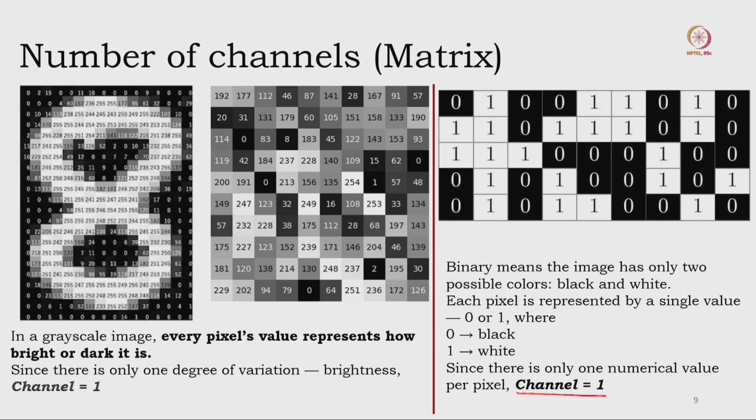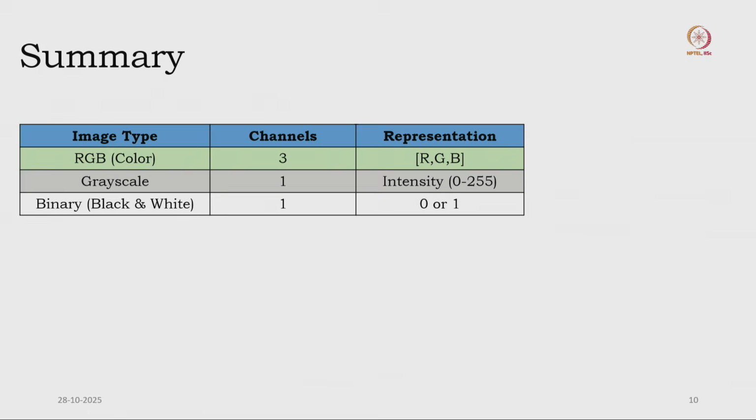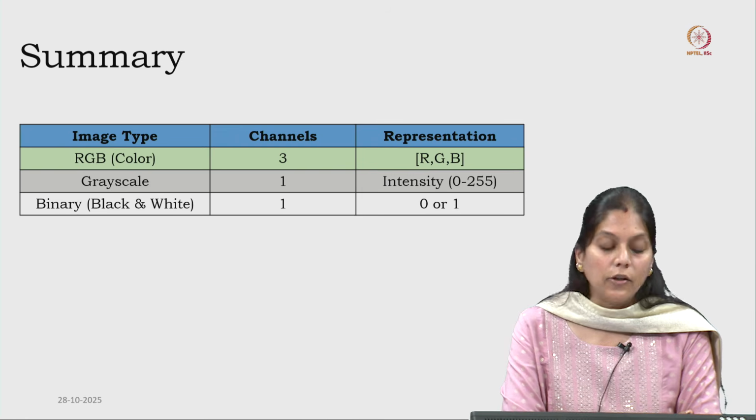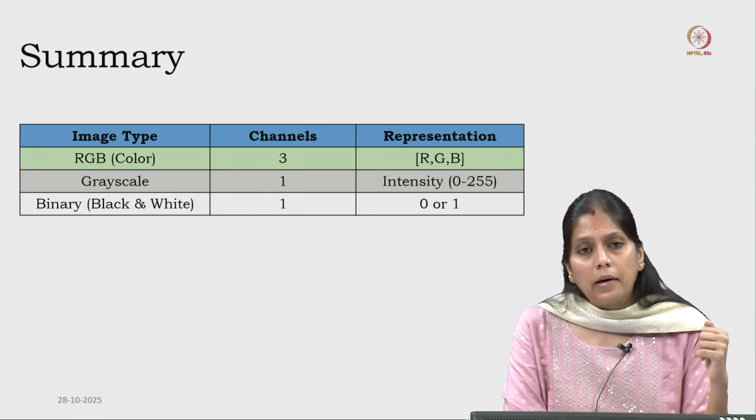So, with this let us quickly look into a summary of how many channels there are, because this is one of the important concepts when we are doing a hands-on implementation. The 3 different types of images that one will be working with are color images, grayscale, or binary images.